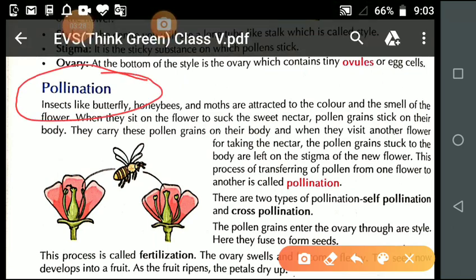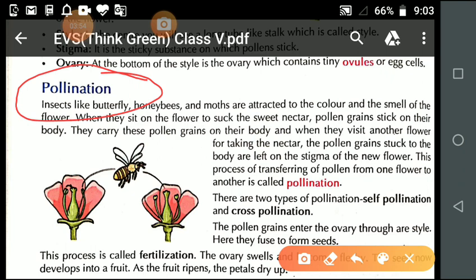Okay student, when we study pollination, what is pollination?